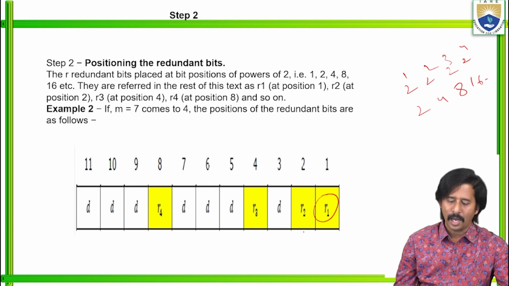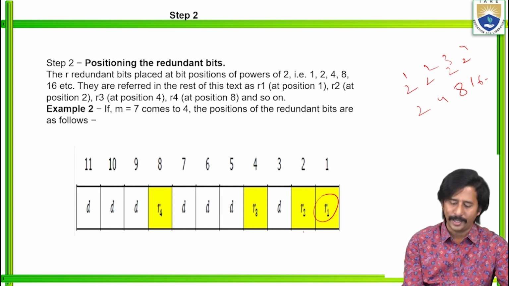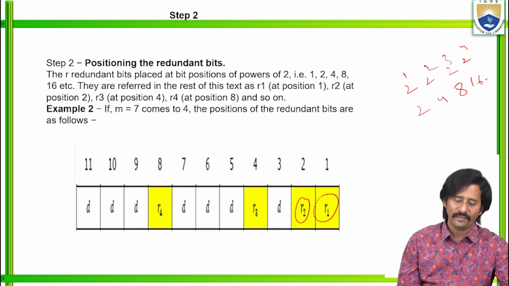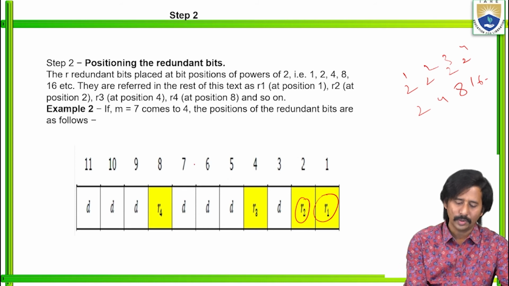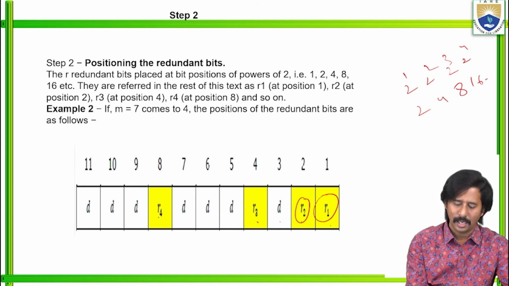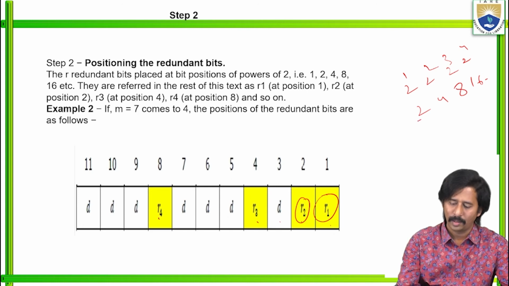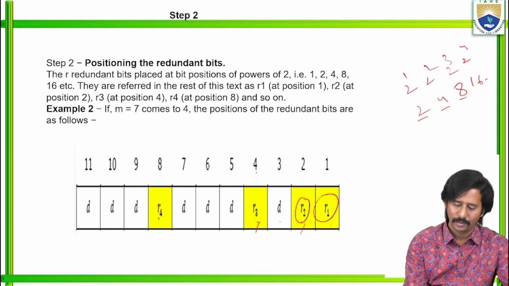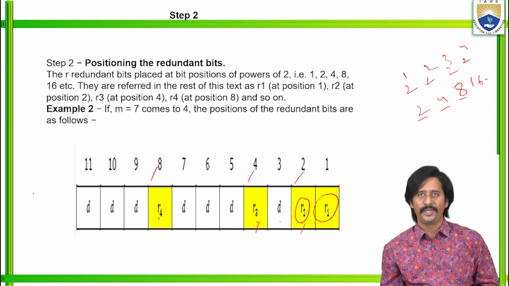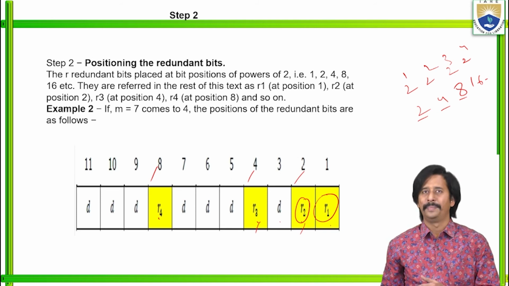See, R1 at position 1 and R2 at position 2 and so on, right? So if m equals 7, then r comes to 4. The position of redundant bits is like this: R1, R2, D, R3, R4, right? See, 2, 4, 8, 16. So this is the position of the redundant bits, step 2.